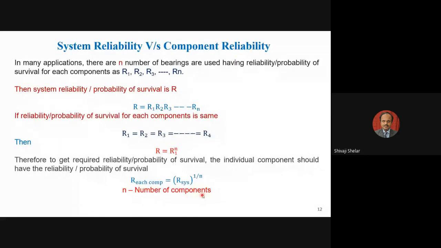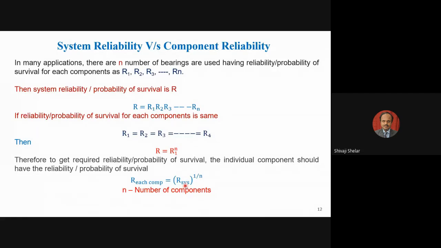If there are 4 bearings, suppose there are 2 shafts you are supporting and using the same bearing at every location, you have 4 places. If you require a minimum system reliability of 80%, then 0.8 raised to 1 by 4. This value may be of the order of 0.94, 0.93, 0.95, in some cases maybe 0.98.